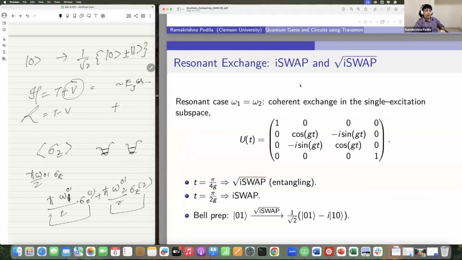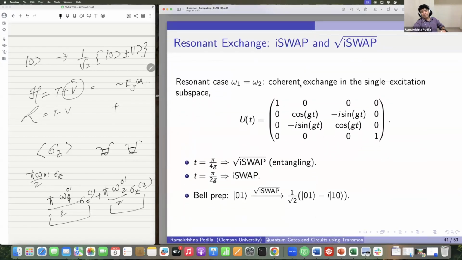So then we can use different types of gates. For example, we could use an iSWAP gate, where we apply the gate for a particular time. And just like how we saw before using the unitary operator, we can make a swap gate where 0 becomes 1 or 1 becomes 0.